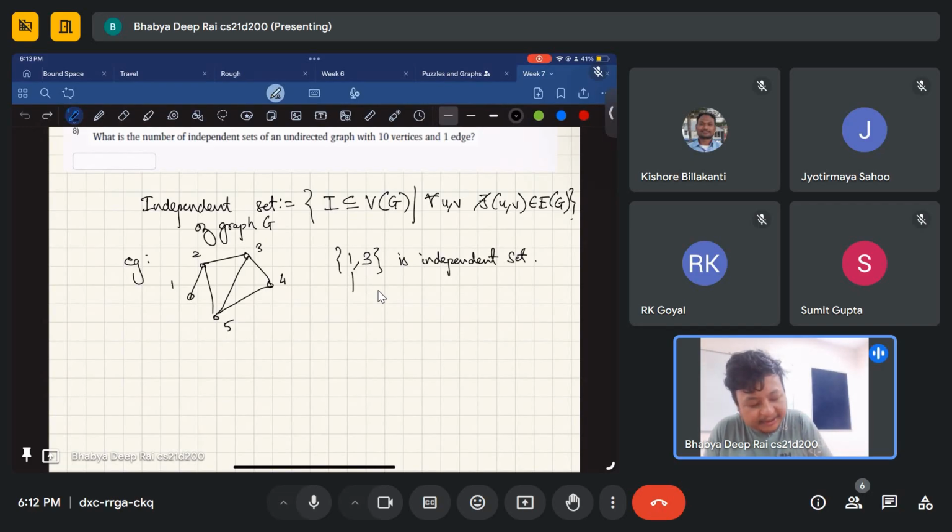Similarly, {1, 5} is an independent set.